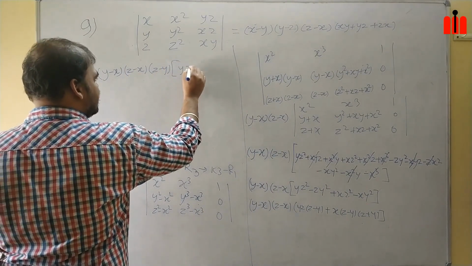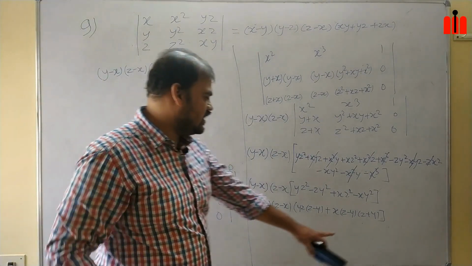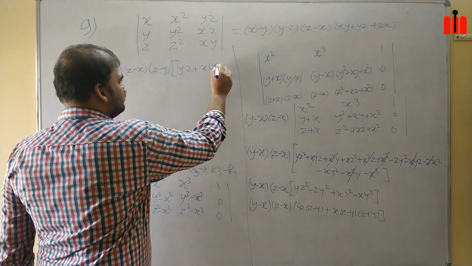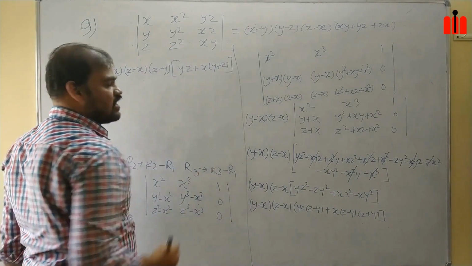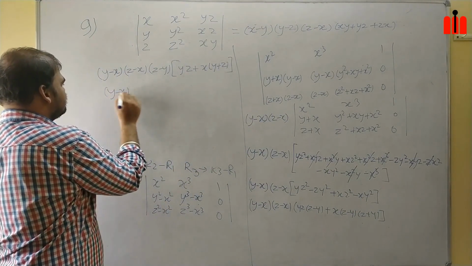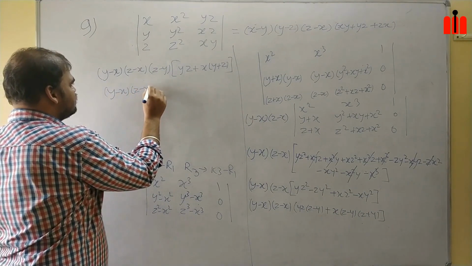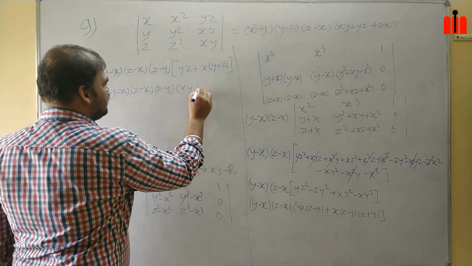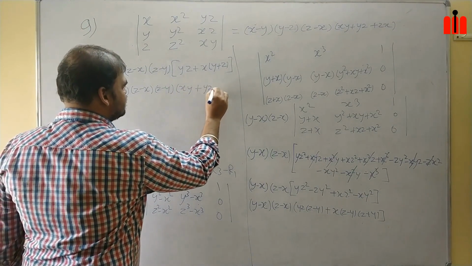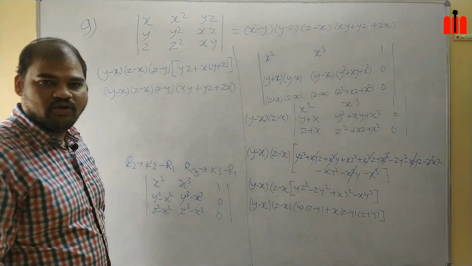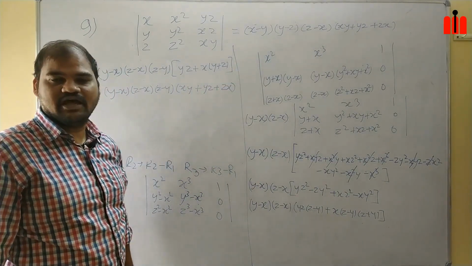Inside it will be yz plus, here y plus z will be there, so x into y plus z. Okay, now it will become y minus x, z minus x, z minus y, xy plus yz plus zx. Okay, we got whatever there is in the RHS.